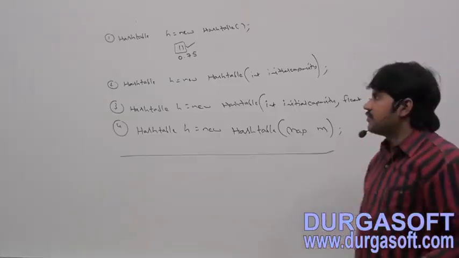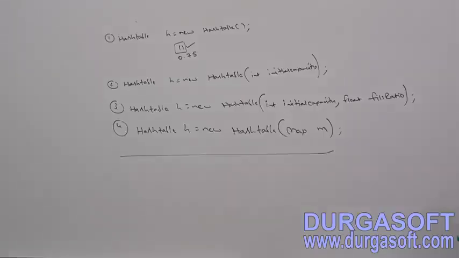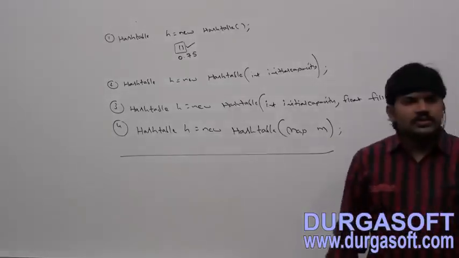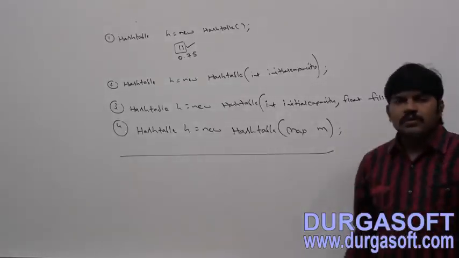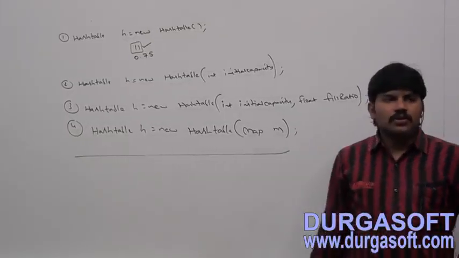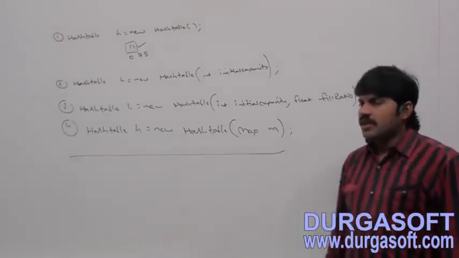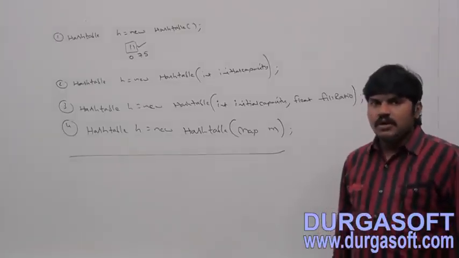Add first one only. Hash table h is equal to new hash table. Is the T small or capital? Small, make sure.